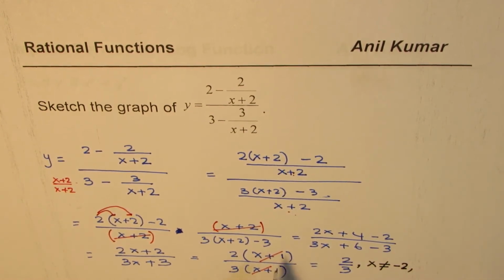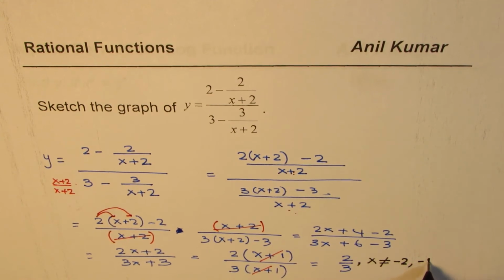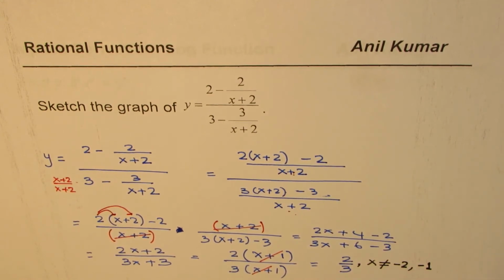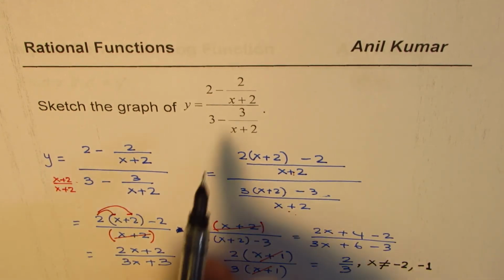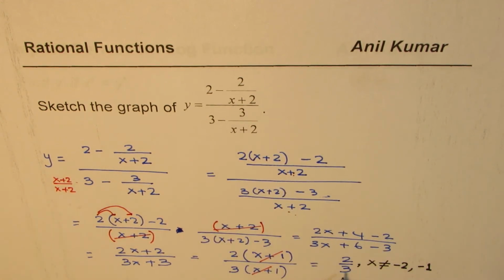Do you see that? Okay. You'll again realize that we also cancelled the x plus 1 factor. So if I write x as minus 1, in that case also we will not get a proper value. So that becomes the second restriction for the given function. Otherwise, it is as good as a constant.